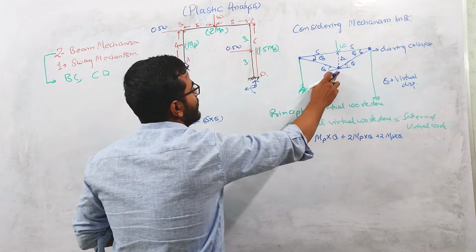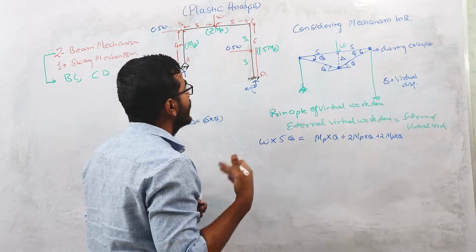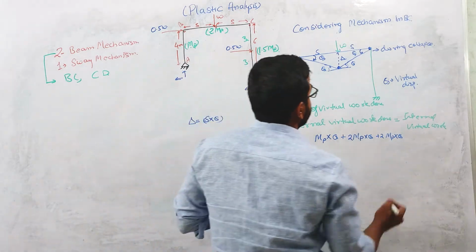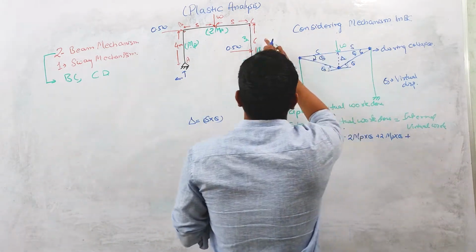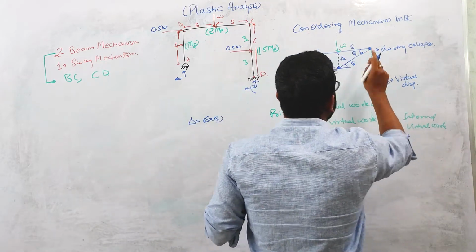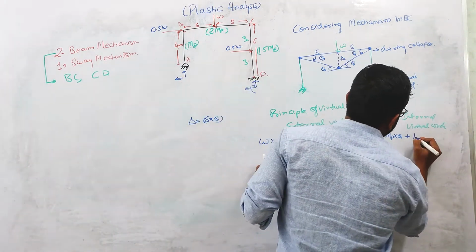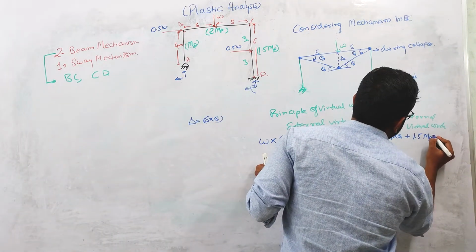At this point the hinge is forming on the beam, so that's why we are taking 2Mp, not Mp only, right? Plus here also the plastic hinge will form in the column, though we are showing it at the joint, so it will be 1.5 Mp into theta.